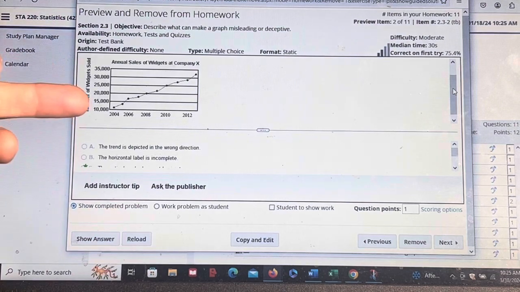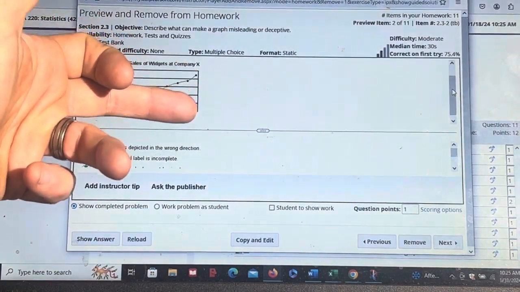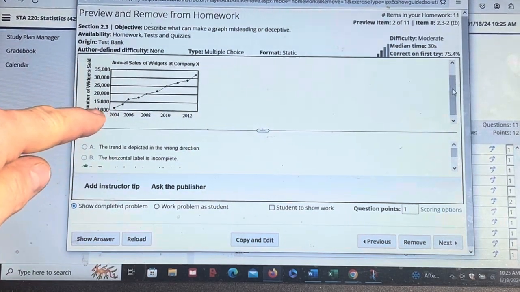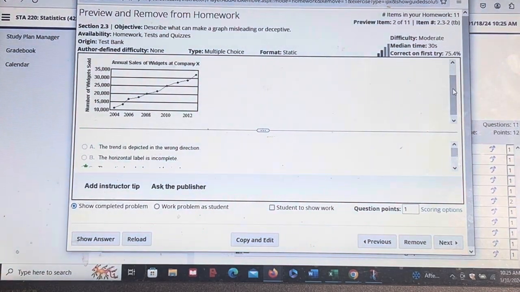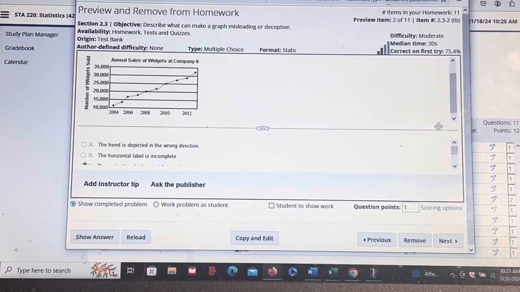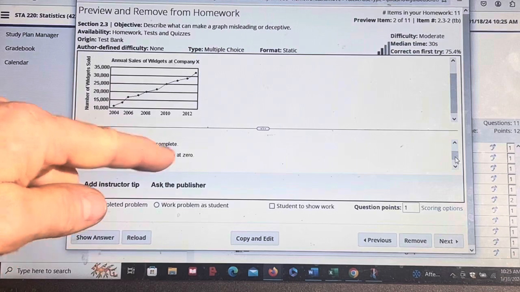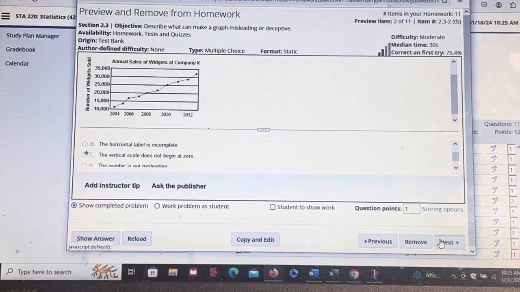So it makes it look like it's hardly nothing here, and it goes up to something quite large there. But it's misleading because this is starting at 10,000, not at 0. So that's what's misleading. And what the answer says down here is, the vertical scale does not begin at 0. And so that makes it misleading.